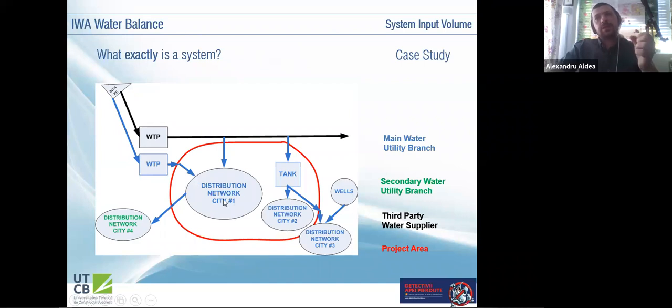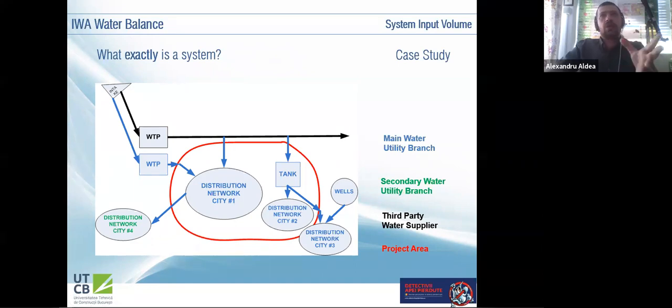Additionally, the bigger city exported water to another branch of the utility, and the project area was actually this area encapsulated in red.